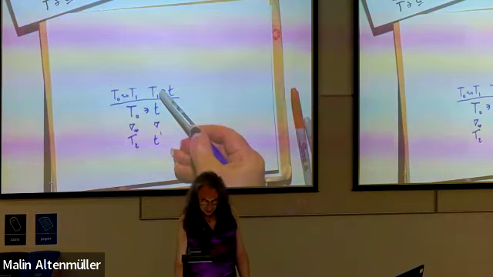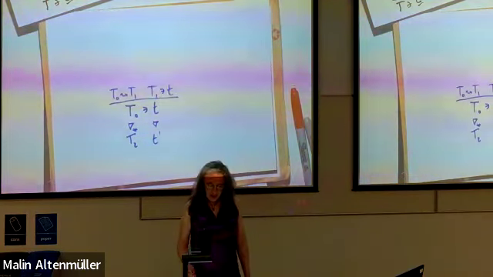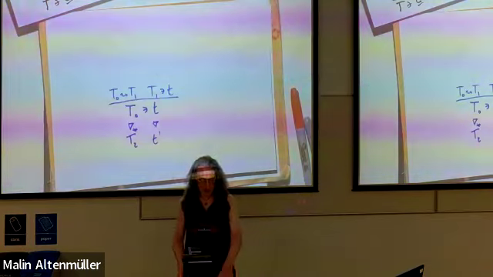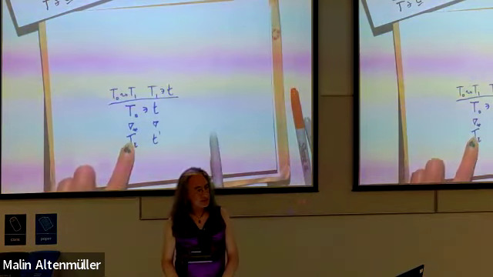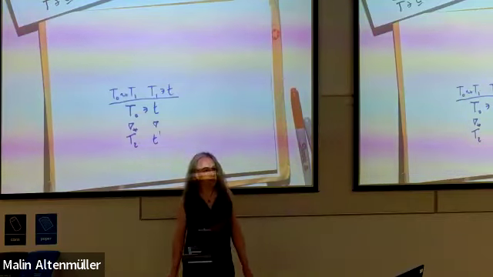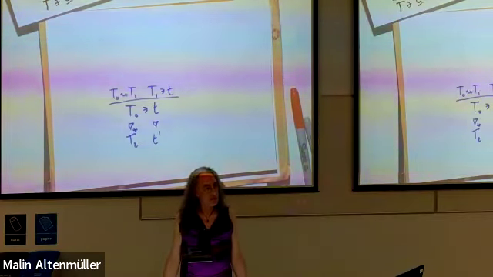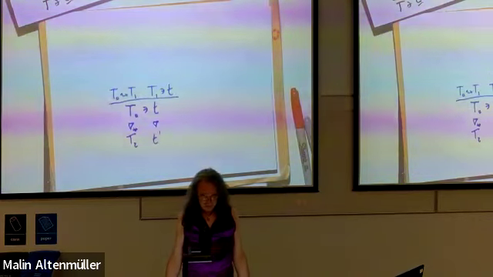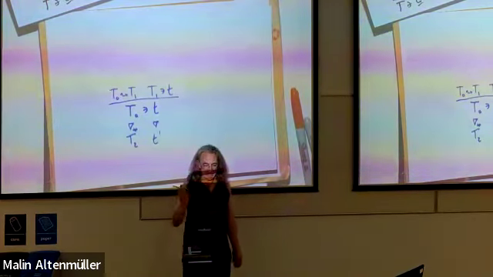But I need to draw a conclusion that concerns T2. How am I going to fix it? Confluence. I need some T3.